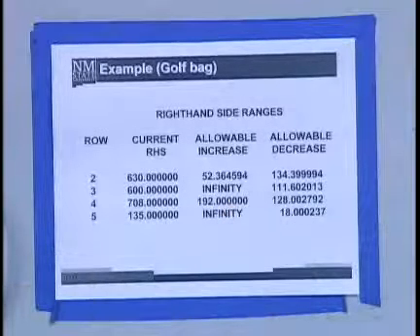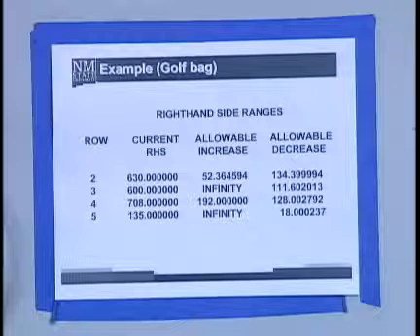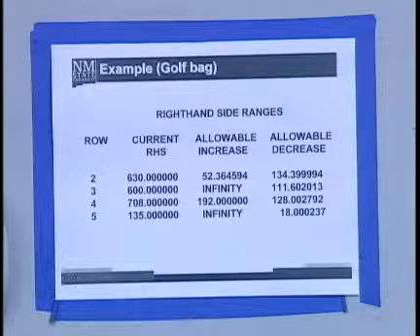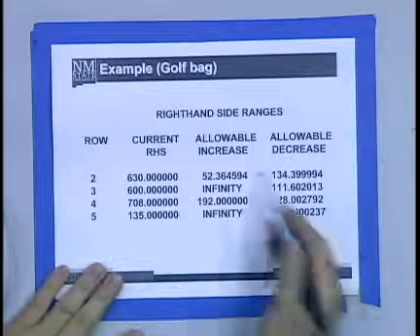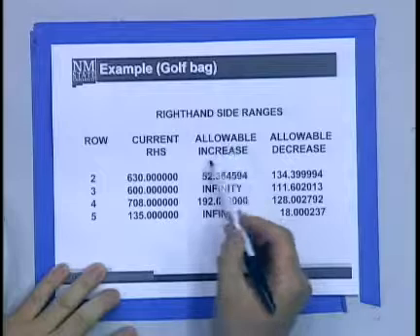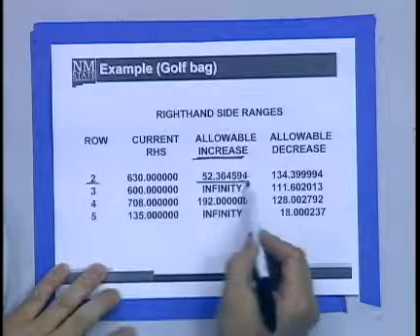Because the dual price is meaningful within the allowable right-hand side ranges, right? So we need to check if the 10 hours of increase is within the allowable increase limit for row number 2.